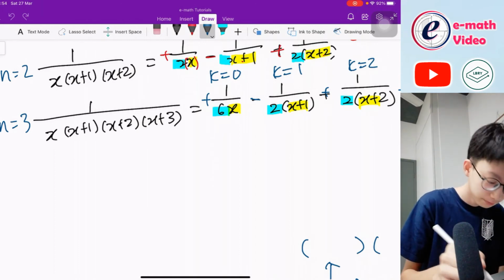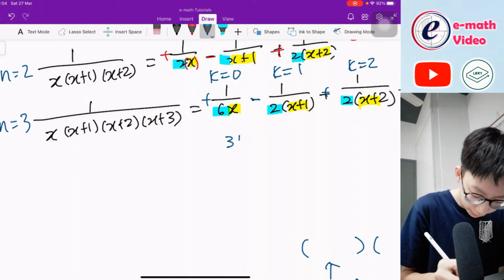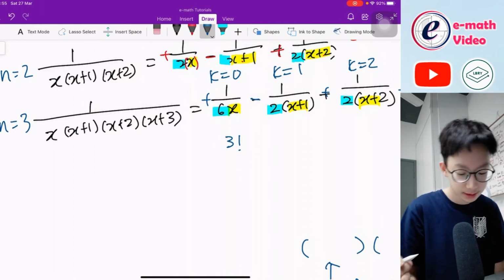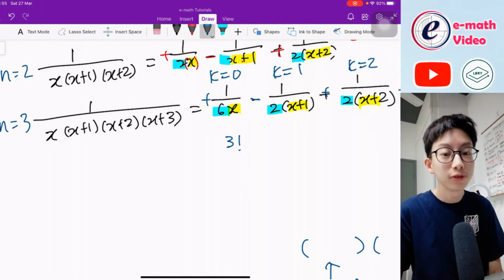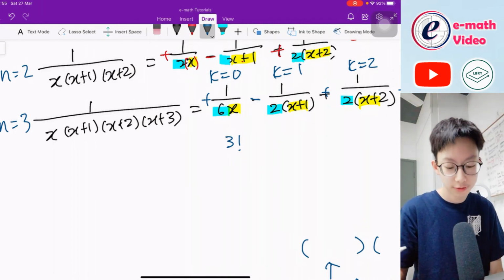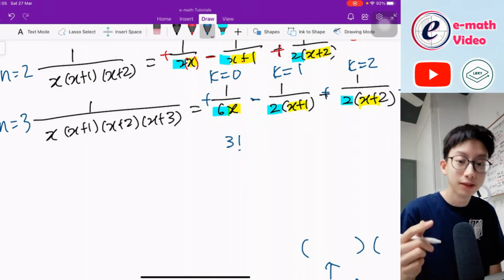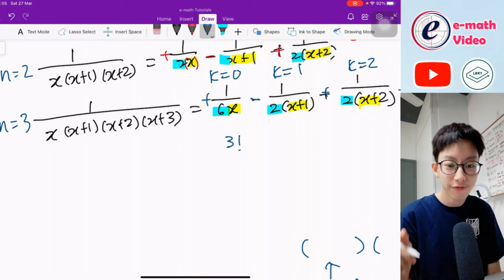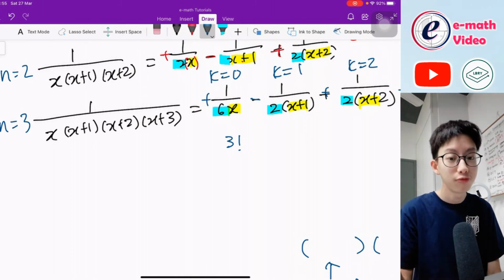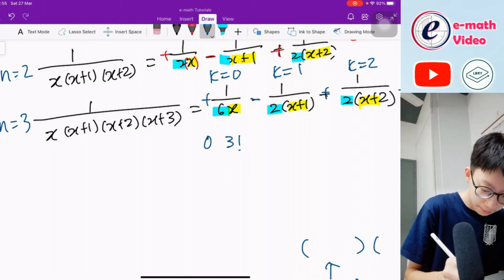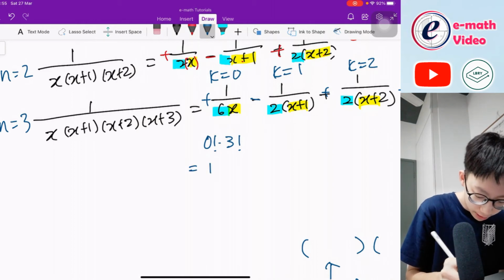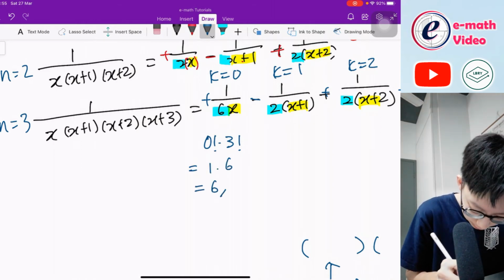Let me write it down. 3 factorial is equal to 6. Now we need to multiply it with a 1 so that it is still a 6. And luckily we have a 0, and we know that 0 factorial is equal to 1. Just go ahead and multiply it together. It is 1 times 6, so it is 6.